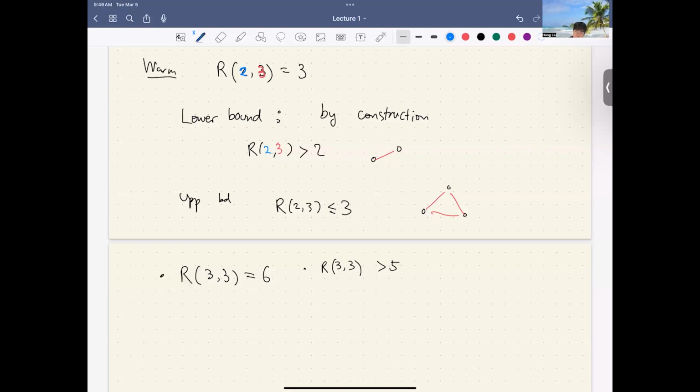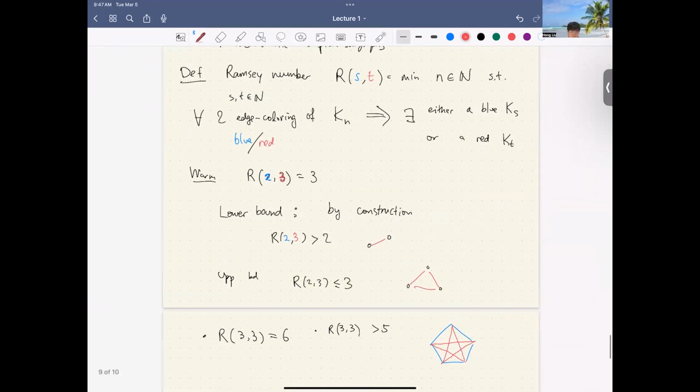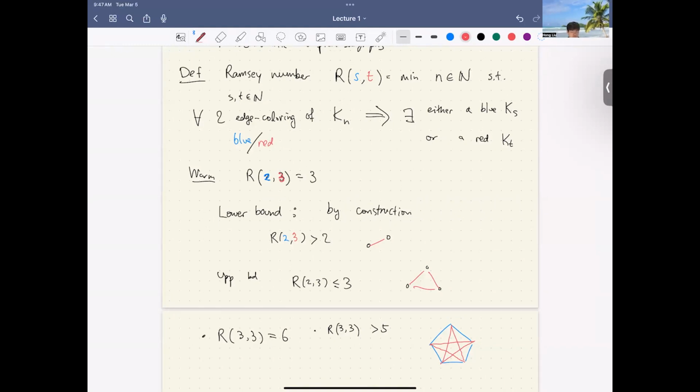This is what you can do. You can have a blue 5-cycle outside and a red 5-cycle inside. Neither color has a triangle and it has 5 vertices. By definition, this is a coloring for which we cannot guarantee a monochromatic structure. So R(3,3) must be strictly bigger than 5.